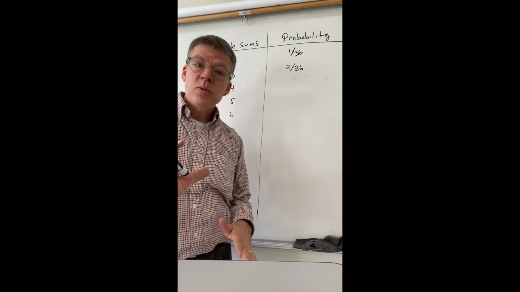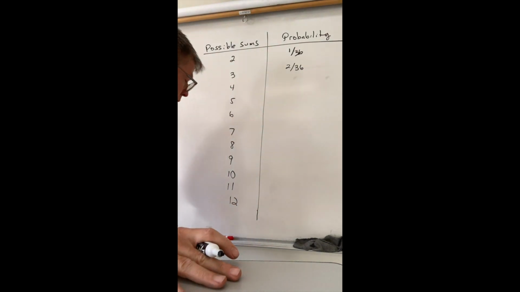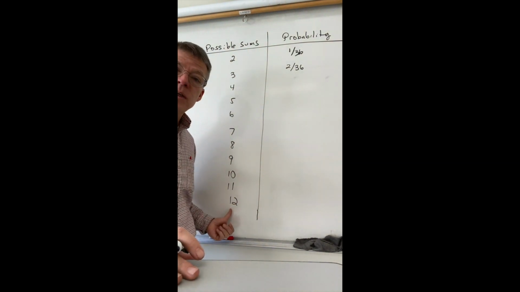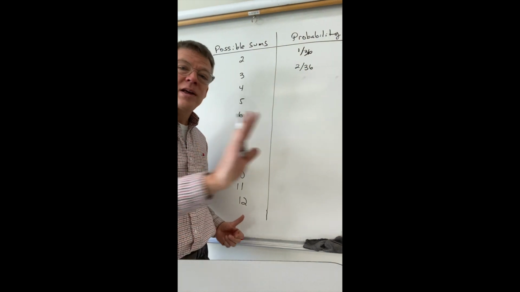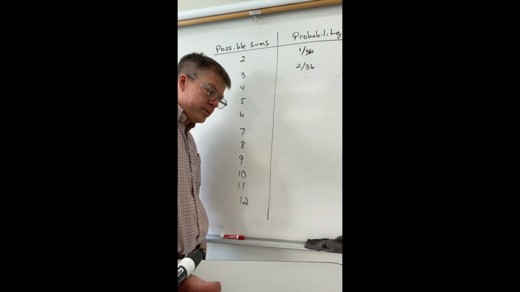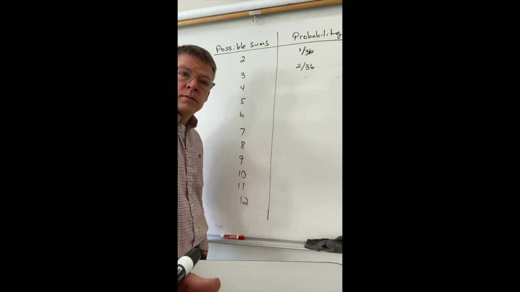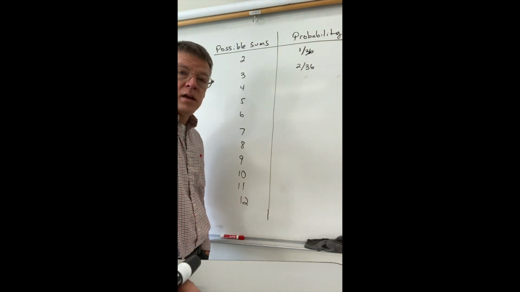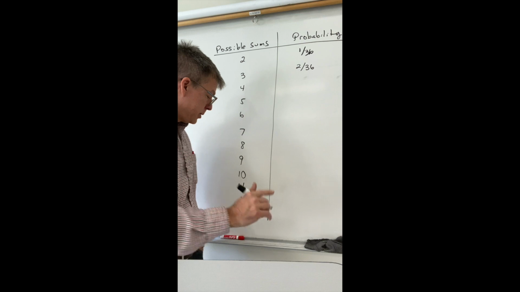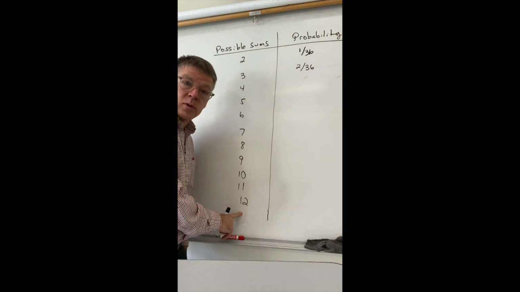Can I say one thing, actually, before I sign off here? What do you think the probability of a sum of 12 is, even without looking at the table? If you guessed there's only 1/36 of a probability of that happening, you're right, because it's just double sixes, right? Double sixes is the only way you can get a sum of 12.